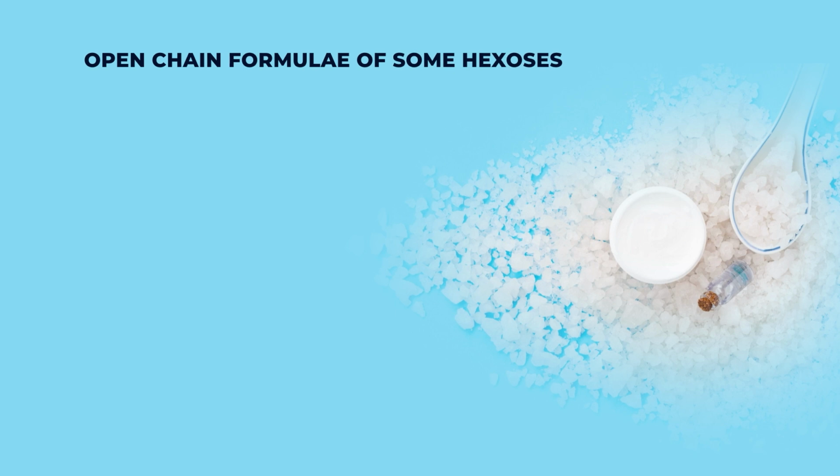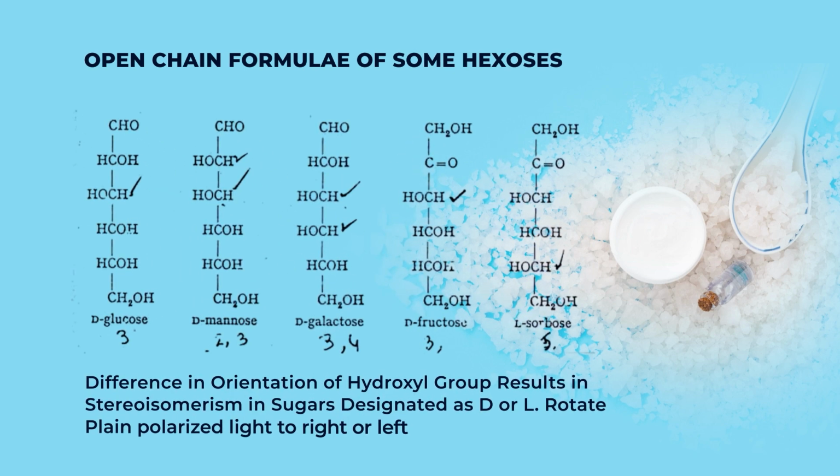Now, these are the open chain formulas. The first one is glucose, then mannose. Now, you see the OH group difference at carbon number 2.